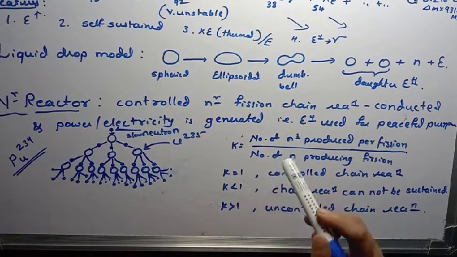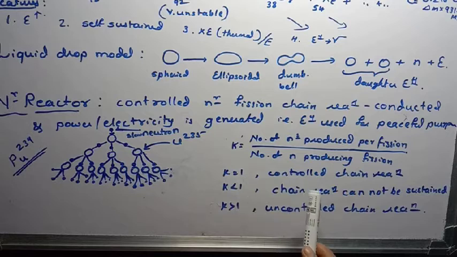So this ratio, if it is equal to 1, then that fission reaction is said to be a controlled chain fission reaction. If K is less than 1, then the chain reaction cannot be sustained, and if it is greater than 1, it is an uncontrolled chain reaction, an uncontrolled fission reaction.